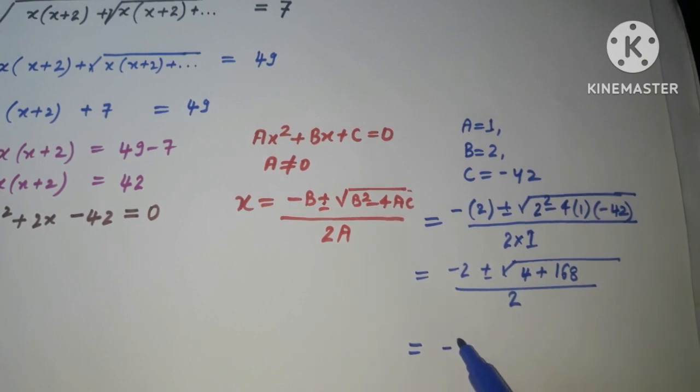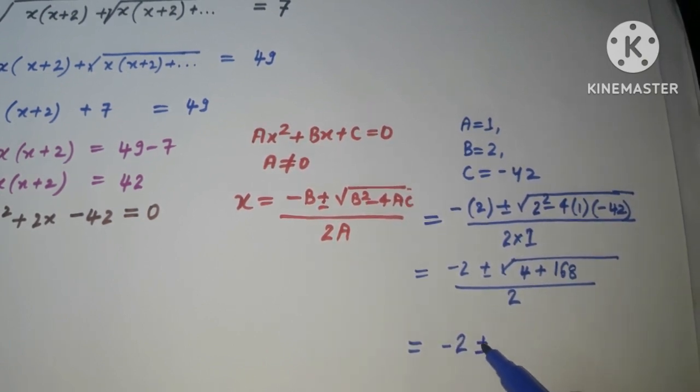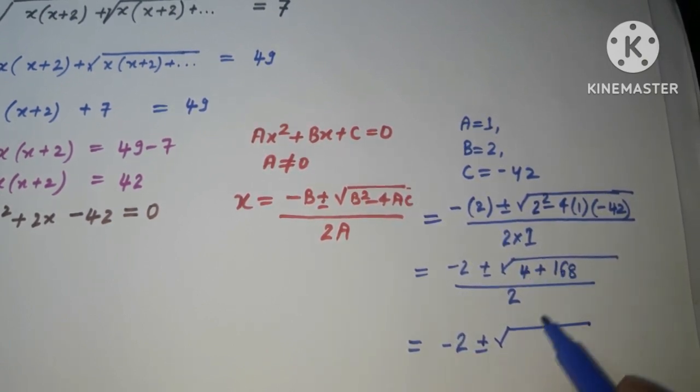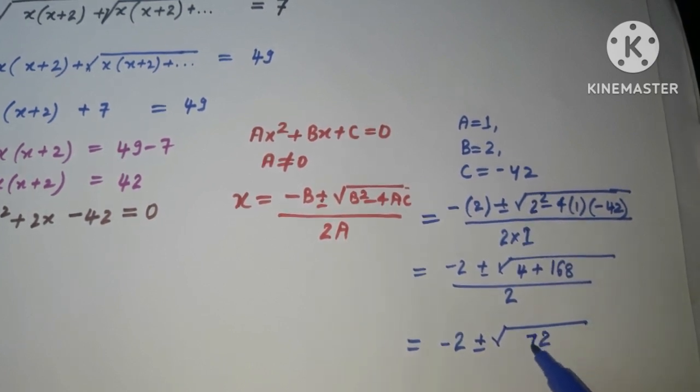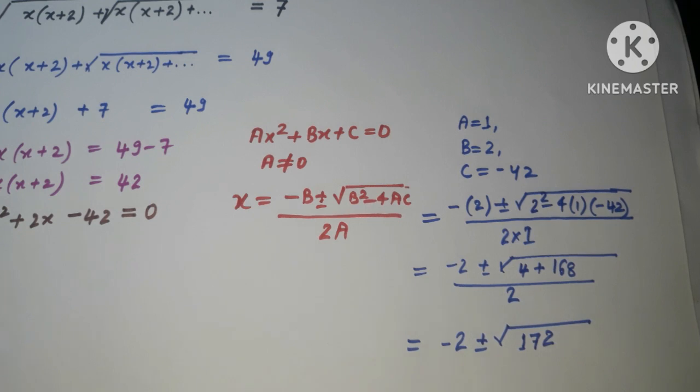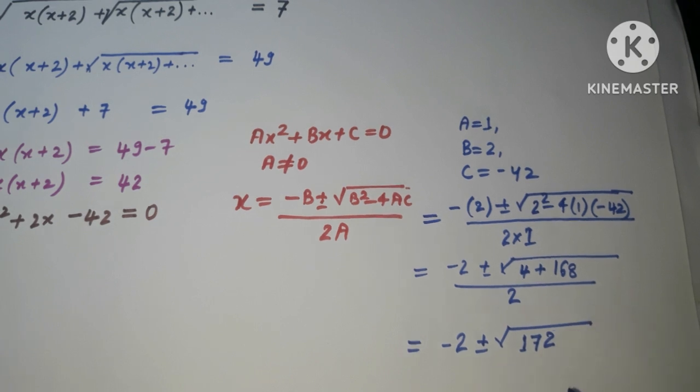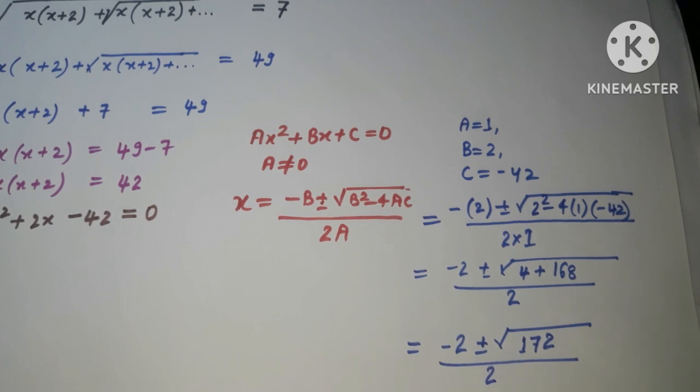So we have this value, and then after simplification we can proceed in this way. So 4 plus 168 is 172.